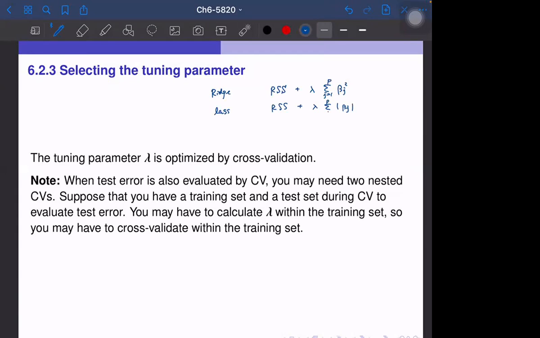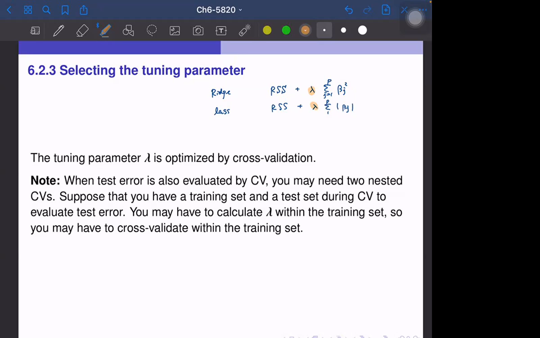So how do we determine lambda? Without lambda, we cannot really run this procedure. The answer is that lambda is optimized by cross-validation. We choose lambda so that the cross-validated error is minimized.